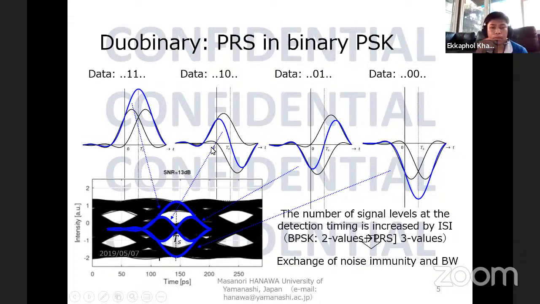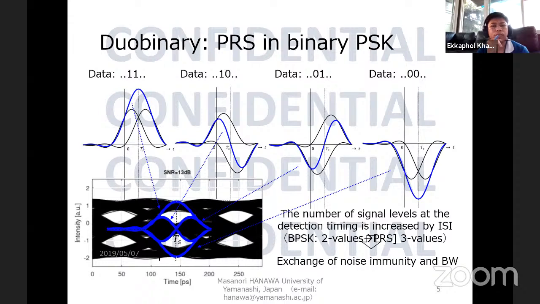As you can see here, at the time instance TS, we may have 3 amplitudes. If this amplitude is 1 and this amplitude is 2, the values are 2, 0, or minus 2.